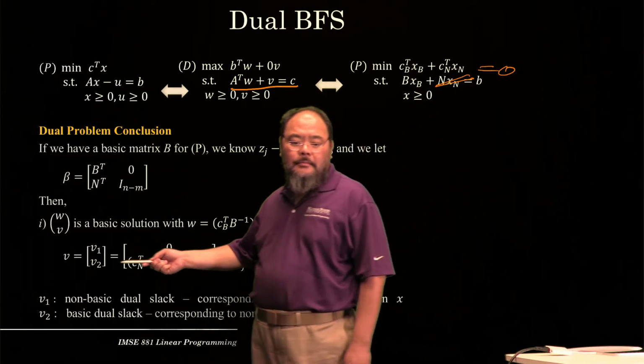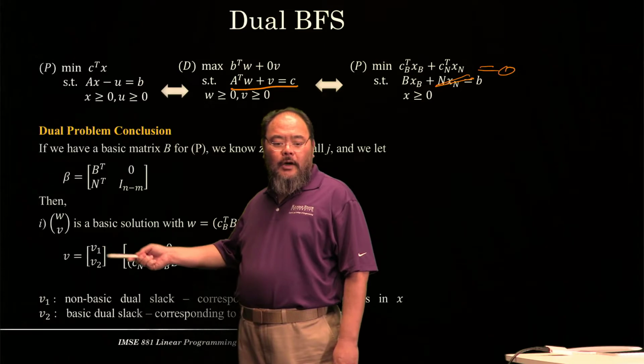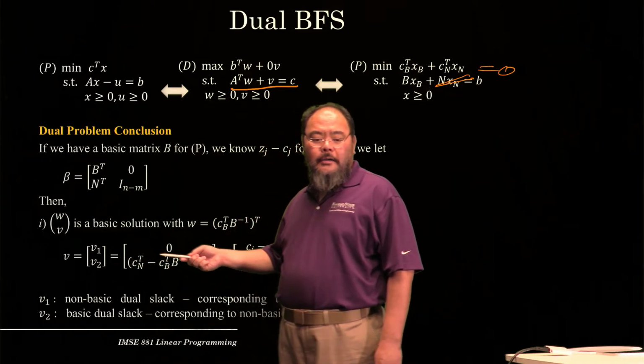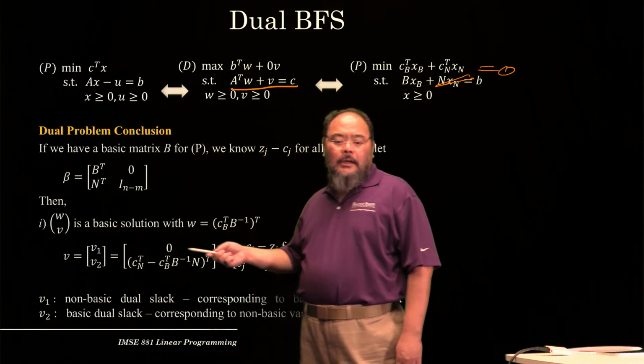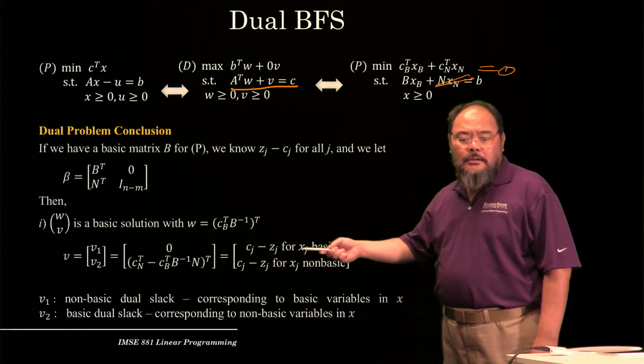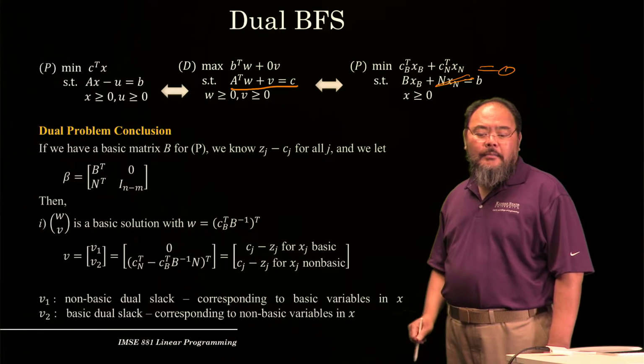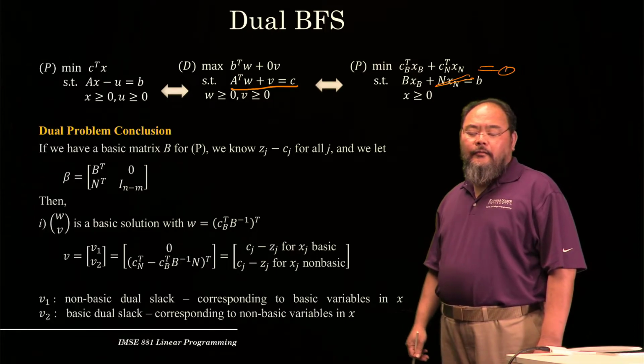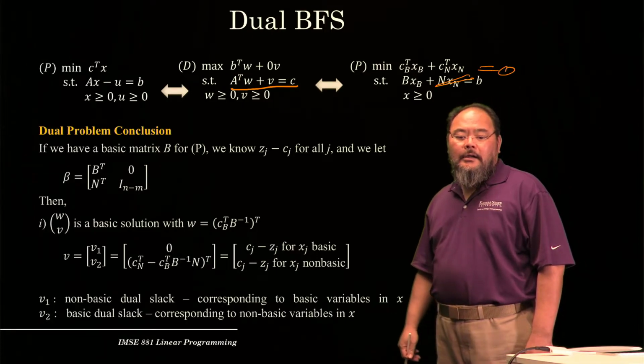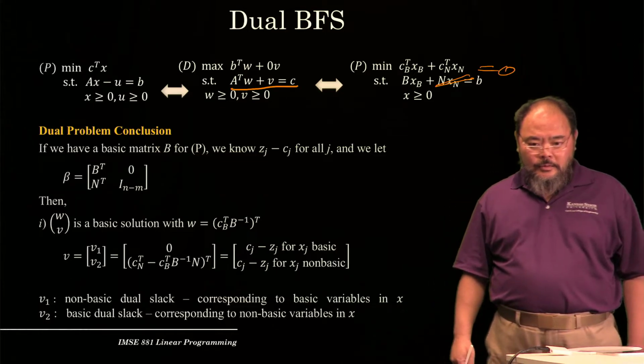If you look at it, I separate into V1 and V2, and V1 actually equals 0. Actually, V1 corresponds to the Cj minus Zj for Xj, if Xj is a basic variable.